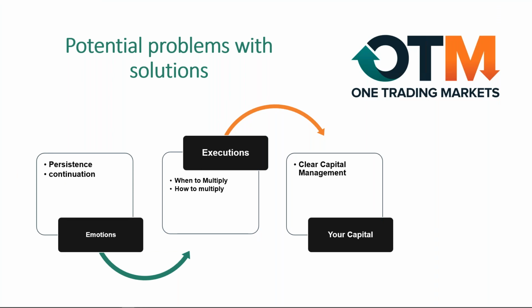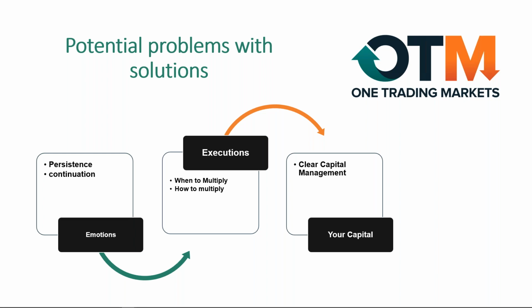Okay, awesome. So there are some potential problems with this strategy. There is no perfect strategy in the market. The first problem with this strategy is emotion. Many people, unfortunately, don't do it continuously.